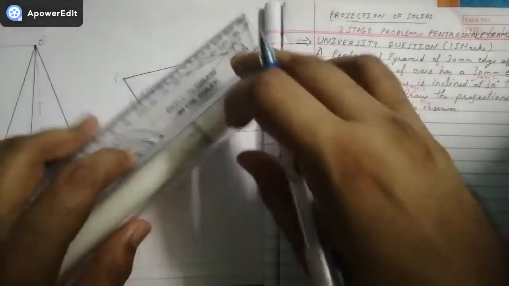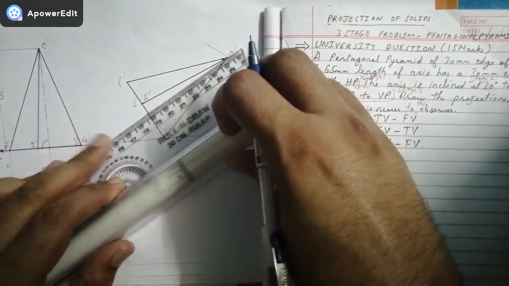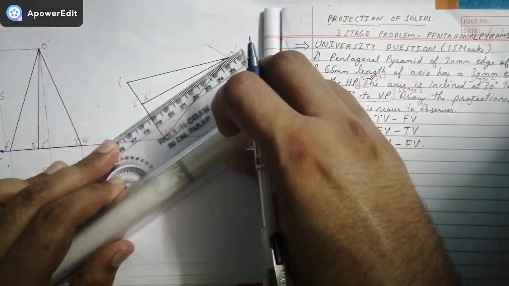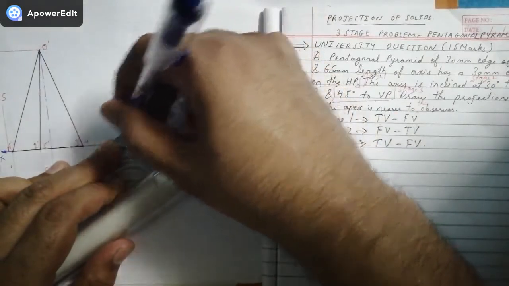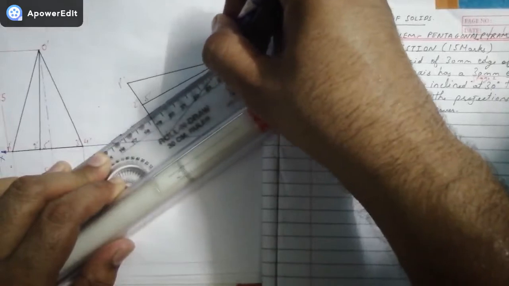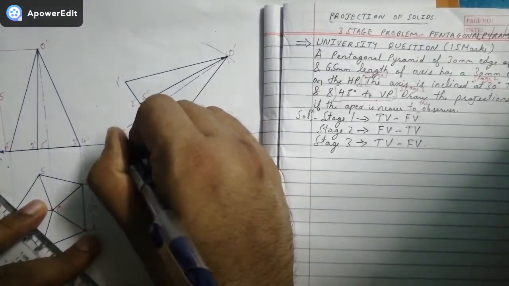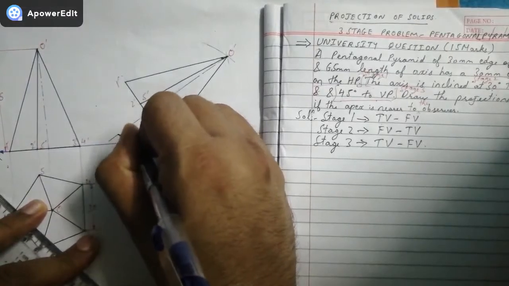Now only the axis line is to be passed, exactly perpendicular to the base. See, friends, how it passes. Since it is the axis line, I'll just extend it, and there I can show it over here. Here is the angle of the axis, theta is equal to 30 degrees. That is the angle of the axis.